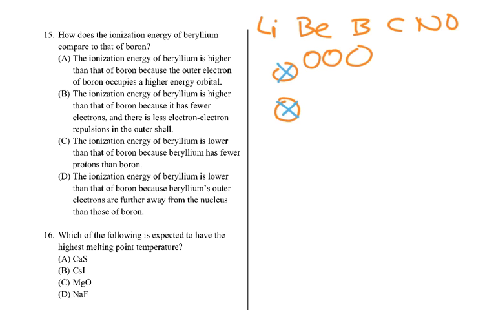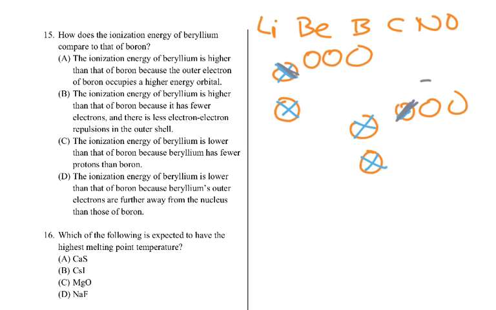We're talking about the ionization energy it takes to pull off that electron. For boron, it would be 1, 2, 3, 4, 5. So we're pulling off that electron. How much energy does it take to pull that electron versus this one?